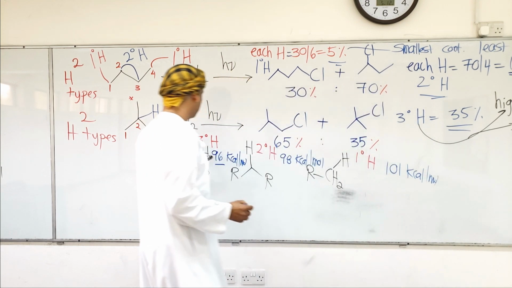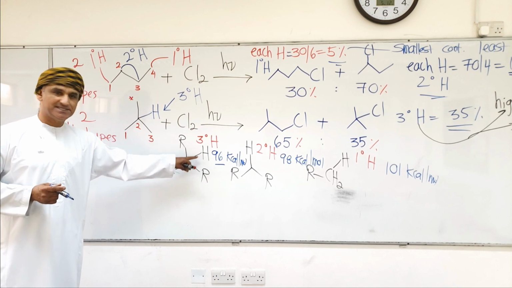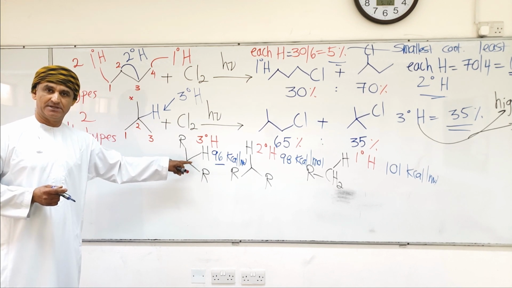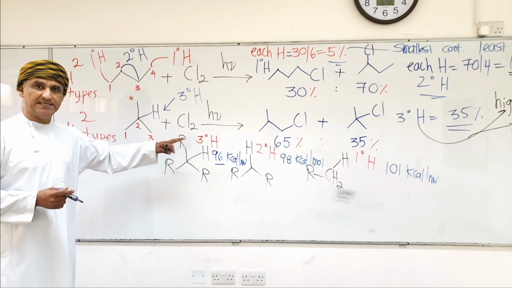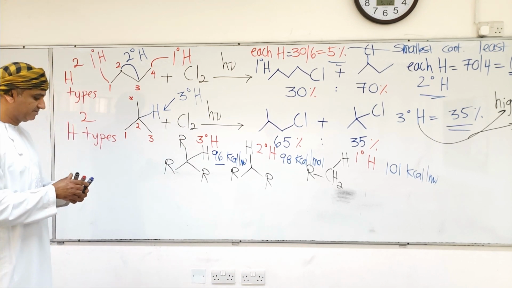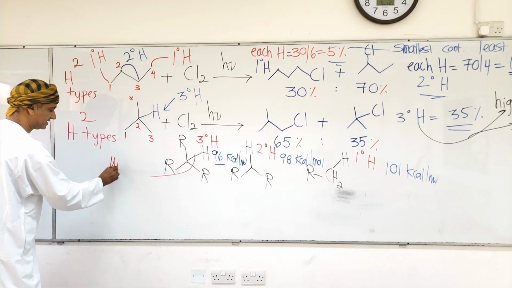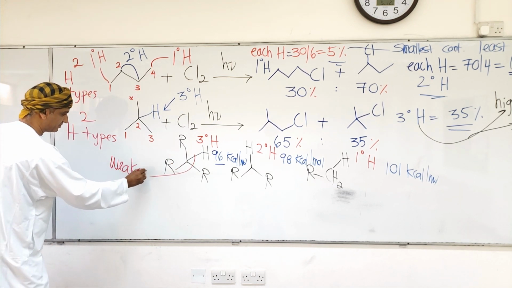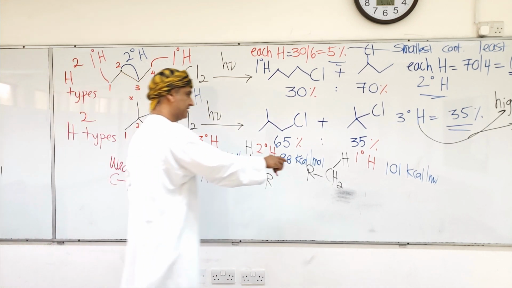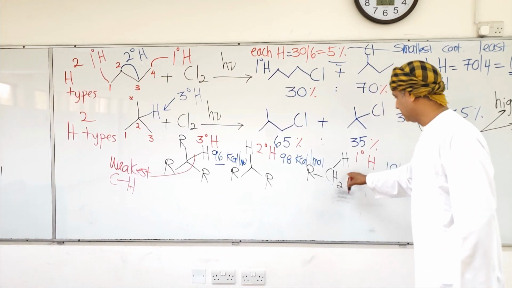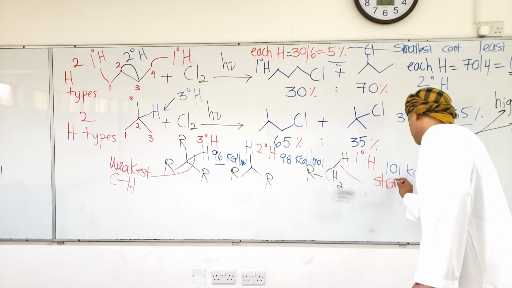So therefore, breaking this CH bond, or breaking a carbon tertiary hydrogen bond, is the easiest in this case, which means this CH bond is the weakest. This is the weakest CH bond, and the primary hydrogen, this bond is the strongest.